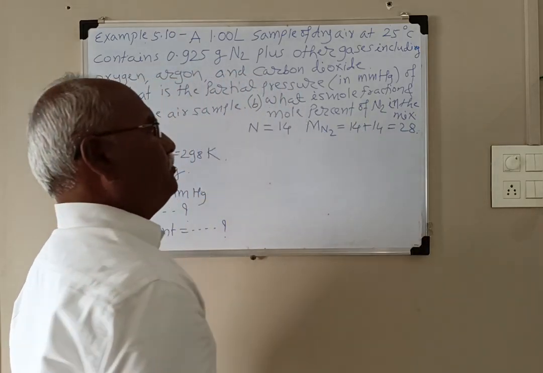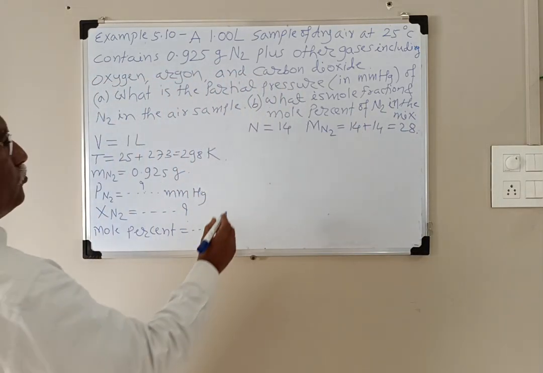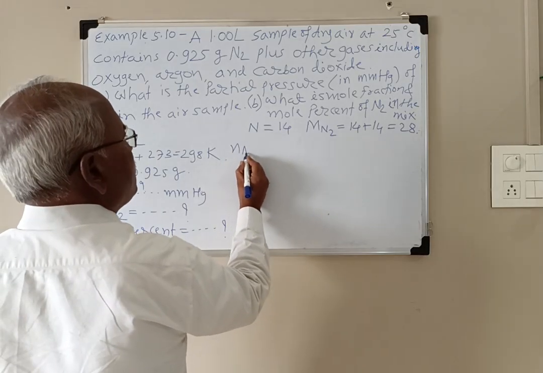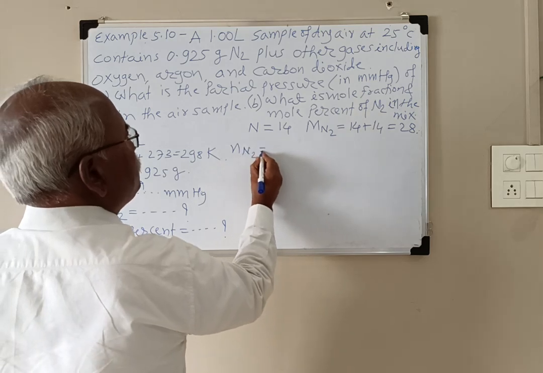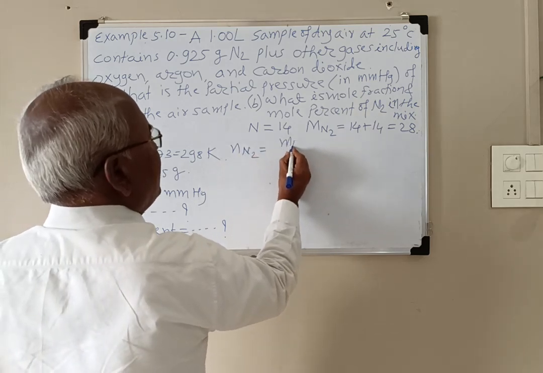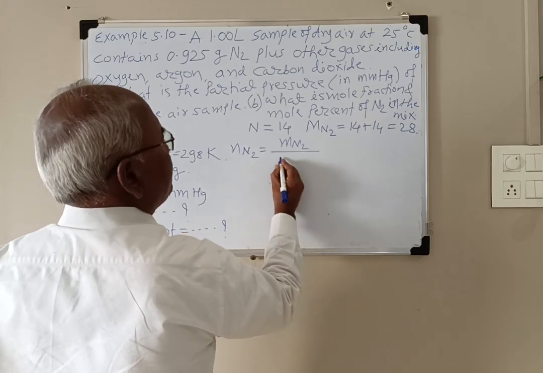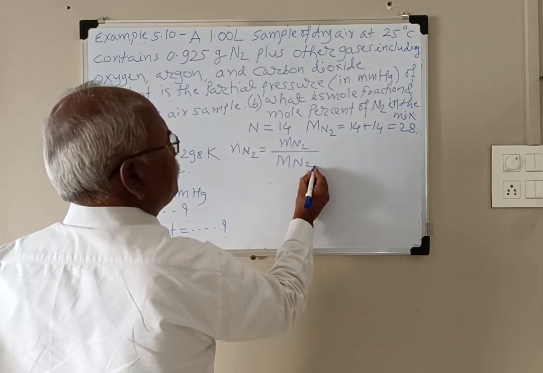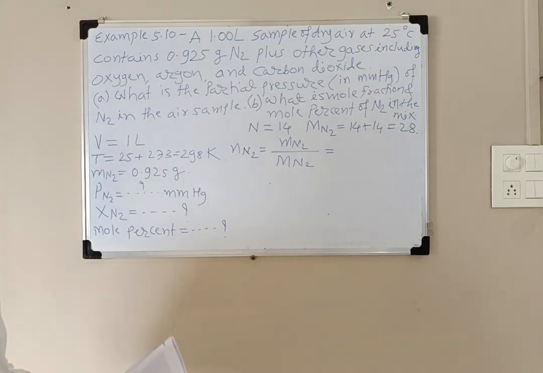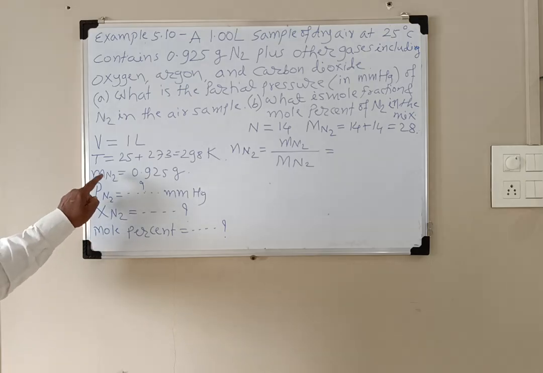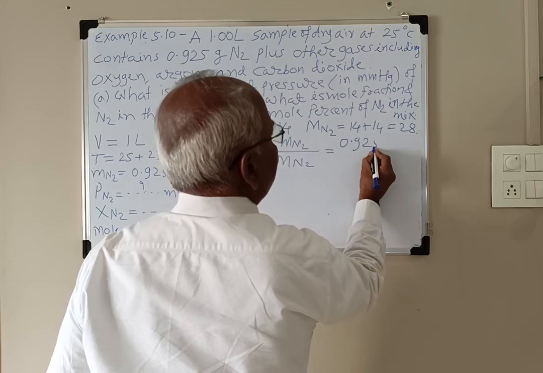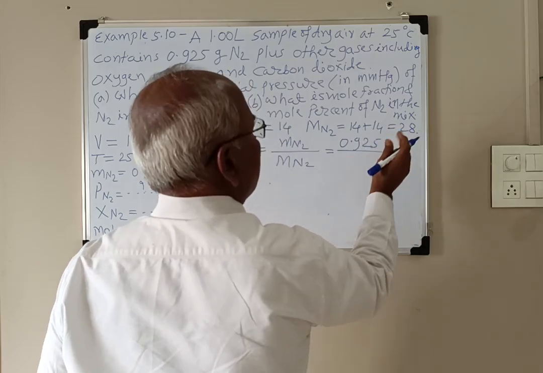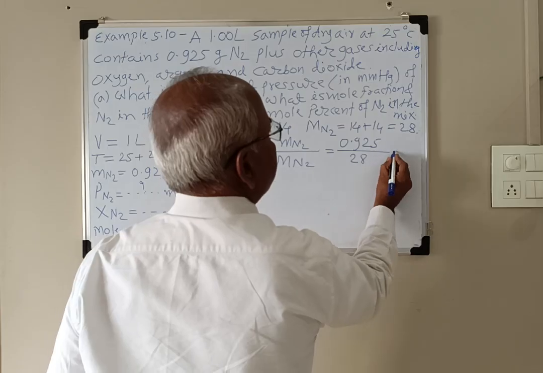So the number of moles of N2 is equal to mass of N2 divided by molar mass of N2. So 0.925 divided by molecular weight 28.